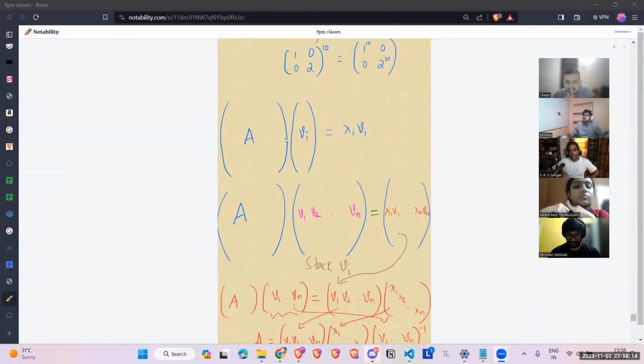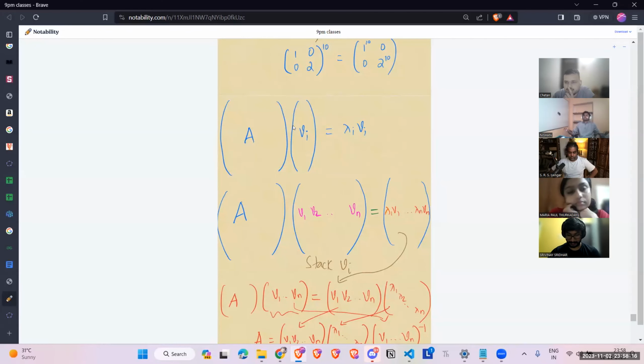We observed that when inputted to a matrix, the eigenvectors give us the output as the scaled versions of themselves. Here, this lambda represents that scalar quantity. And that scalar quantity is also known as the eigenvalue of that eigenvector. It's a scalar term that's associated with the eigenvector.